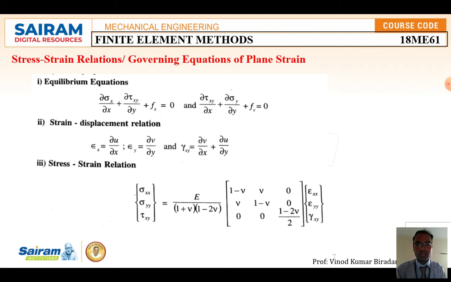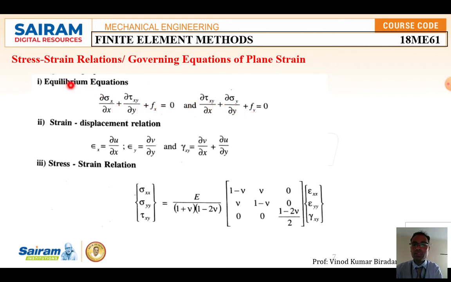Similar to plane stress, here we can again define the governing equations in terms of three: the equilibrium equation, the strain displacement relation, and the stress-strain relation. This slide is very important for both. Here also there will be two directions, sigma x and sigma y, and f of x and f of y.